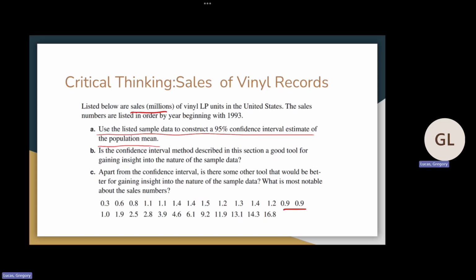I have 2 2.9s, 2 1.1s. Do I have any other repeating numbers? We have some 1.4s, 3 1.4s, 2 1.2s. Yeah. So we actually do have one mode, I believe. I don't see any other repeating numbers. But if we were to plot these all out, we definitely would not have a normal distribution.